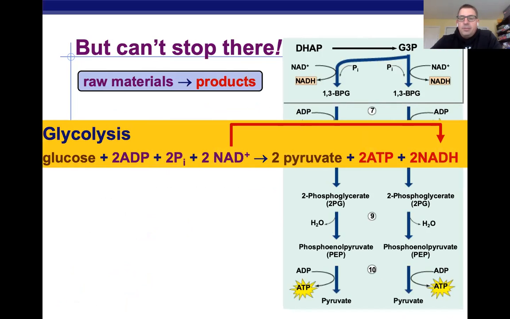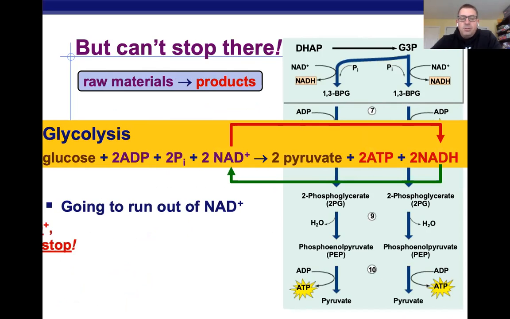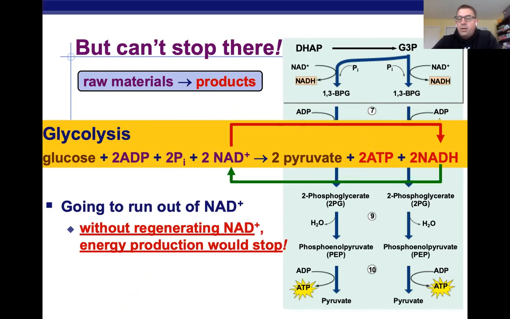All right. So just kind of showing us one of the issues if you are an organism that only can carry out glycolysis is that eventually your cell is going to run out of its supply of NAD plus to help to oxidize your fuels, right? You won't have anywhere for your cells to donate those hydrogen atoms if these NADHs have nowhere to go, nowhere to drop off their electrons, okay?